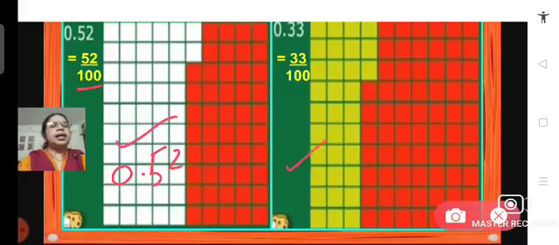Similarly, in this example, out of 100 equal parts, if we color 33 parts as yellow, then we say that the fraction of yellow part is 33/100, and as a decimal it can be written as 0.33.